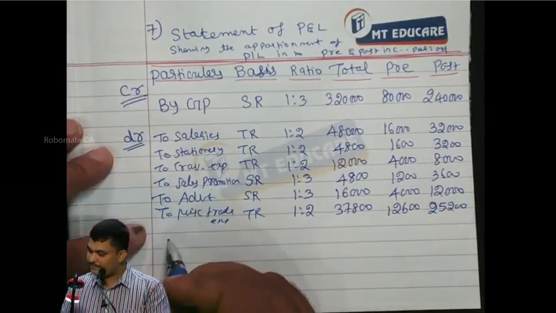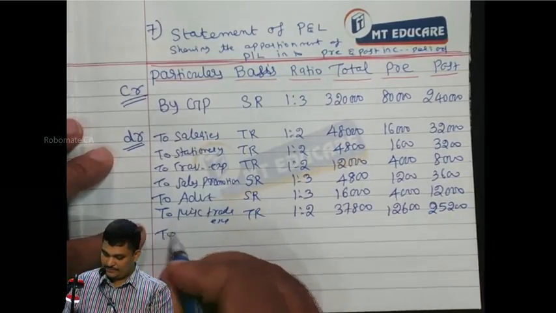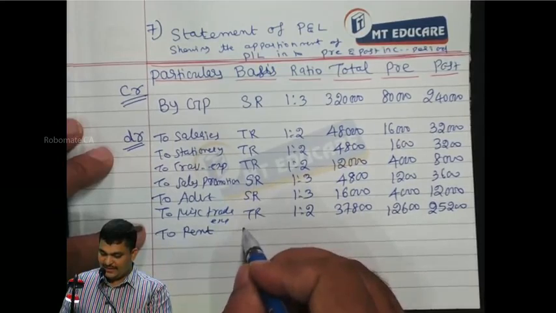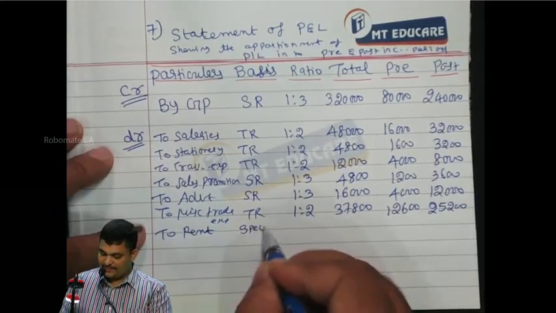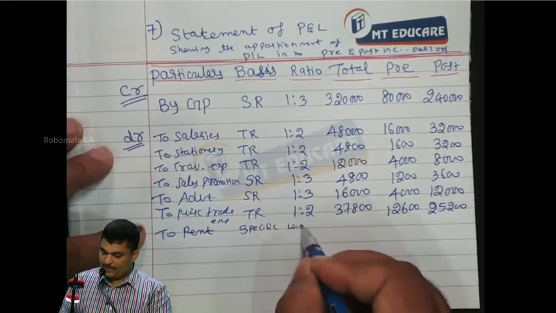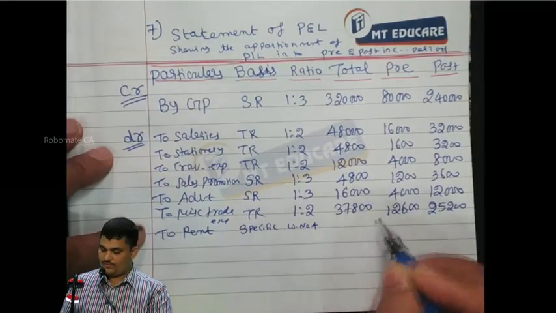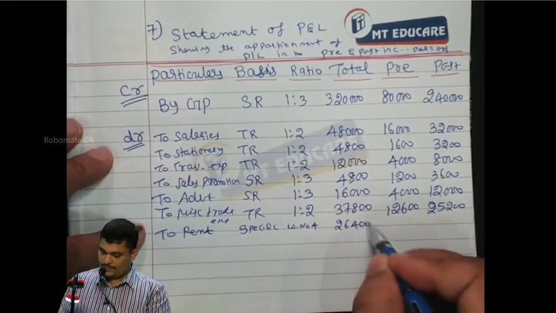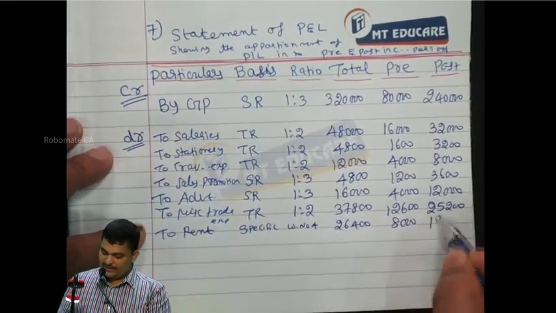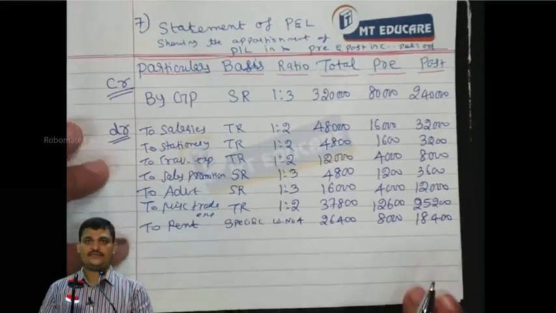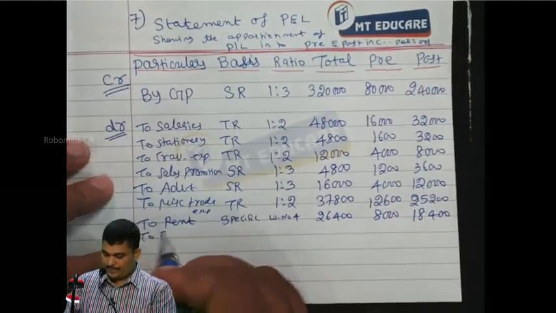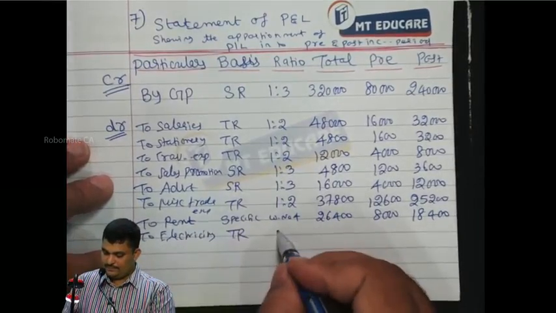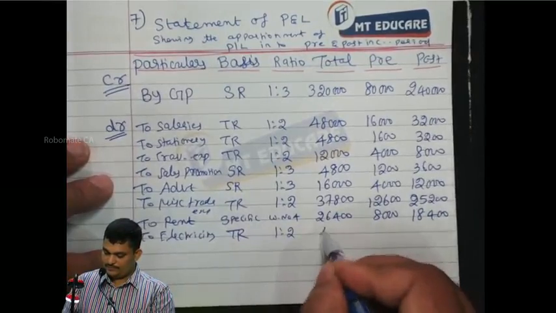Okay, next. To rent. Rent specific, correct? Specific. Working note number 4. Total 8,000, 18,400. Next. Electricity. 1:2.